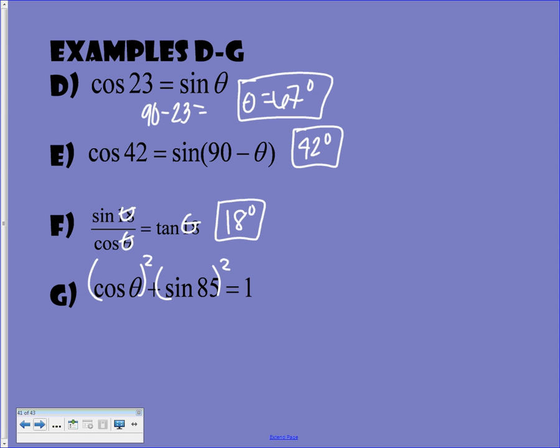Typo. It said cosine of theta squared plus sine of theta squared. So the thetas are the same, so theta here equals 85. So when you're dealing with the tangent or the Pythagorean, like E and F, they're the same. When you're going between cosine and sine, it's 90 minus. So with those ones, don't try to overthink too much at all.